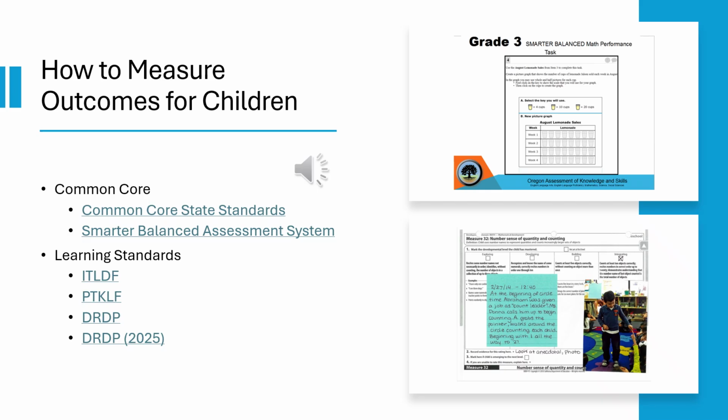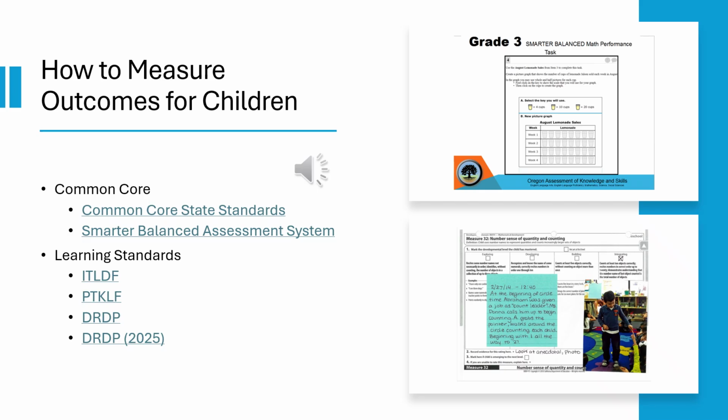For younger children, we use something called learning standards. So learning standards are basically the same as a Common Core standard. They are ideas or benchmarks for what children should be able to do at particular ages. So in the state of California, we have Infant Toddler Learning and Development Foundations.